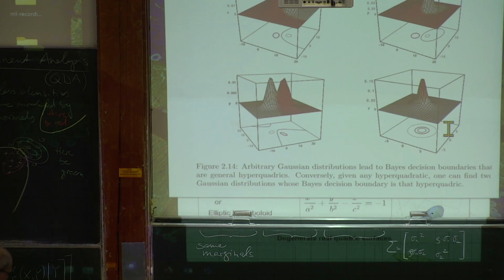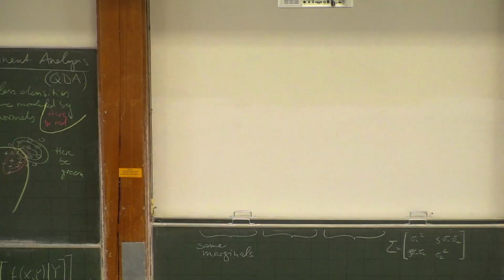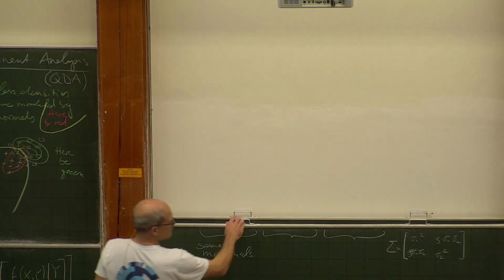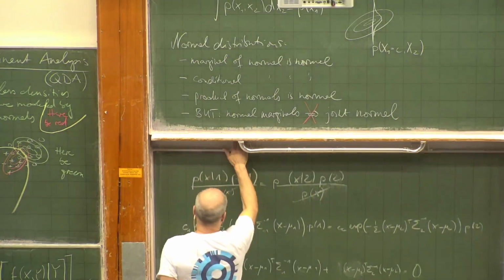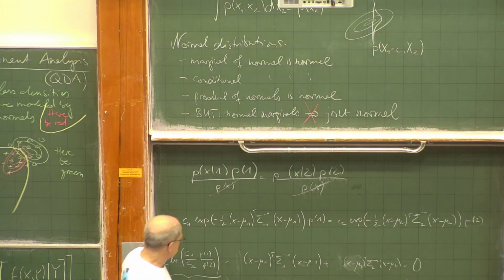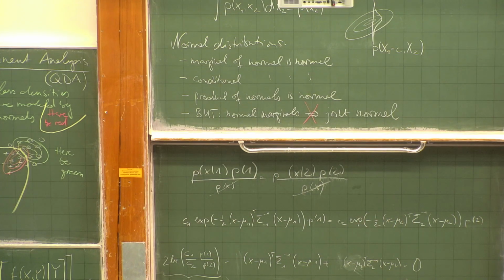So we see that we get quadrics. And so far this is all good. However, when I said it has few parameters, well, as the dimensionality grows, things don't look so great.